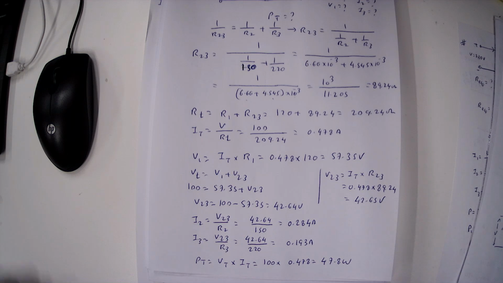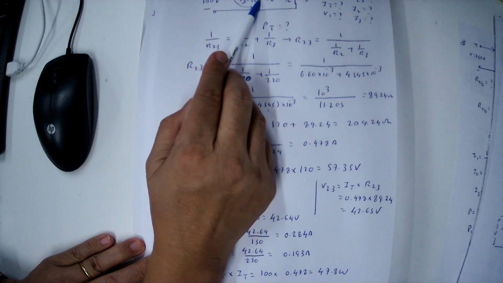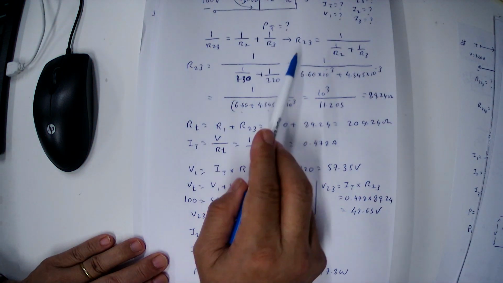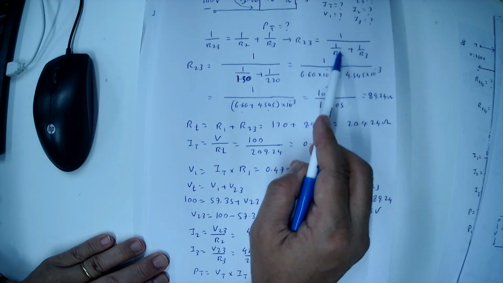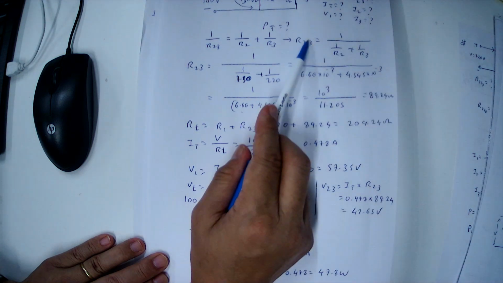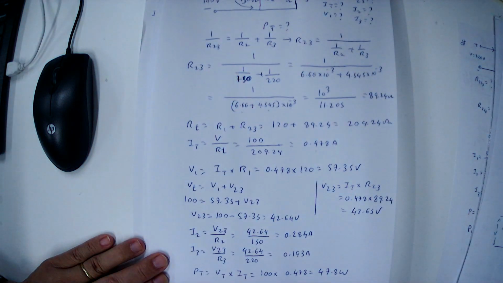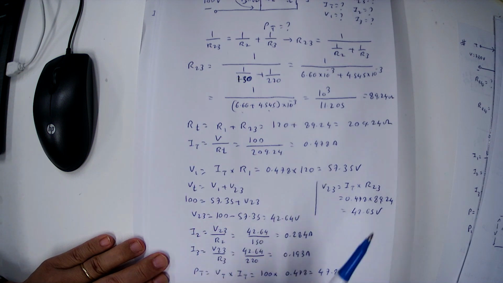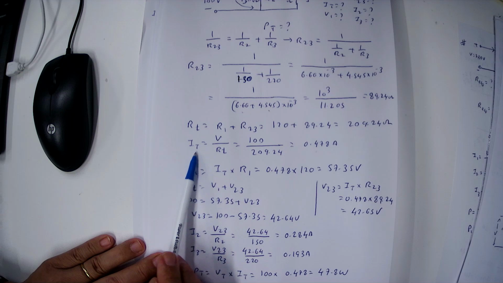So in this problem, R2 and R3 are connected in parallel, so we combine the R2 and R3. R23 equals 1 divided by 1 by R2 plus 1 by R3. Then this R23 and R1 are connected in series, so RT equals R1 plus R23. Current IT equals V divided by RT.